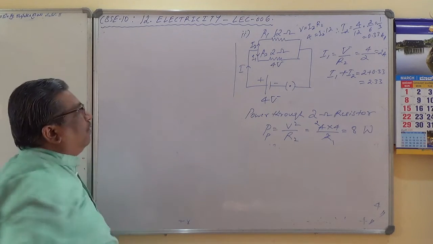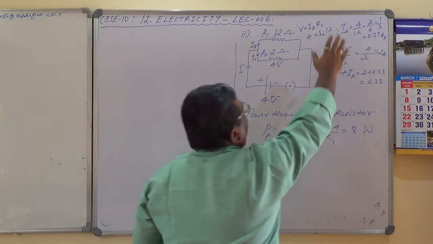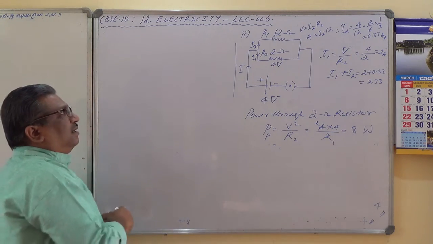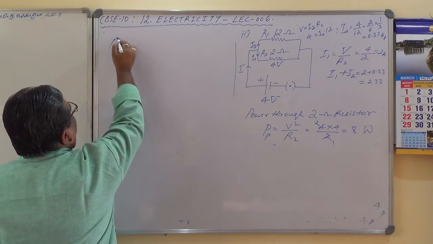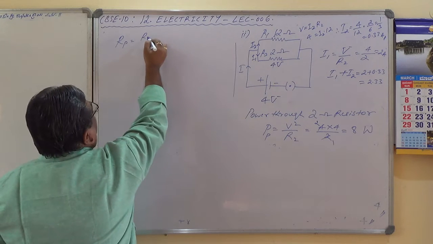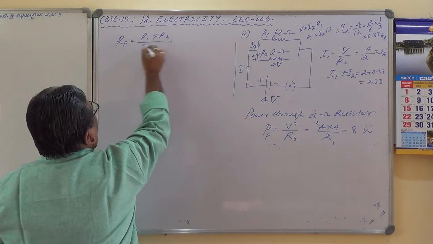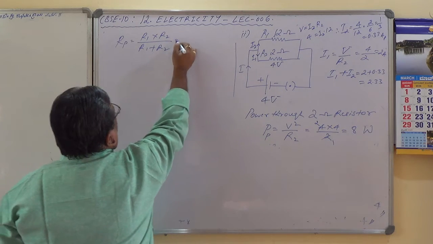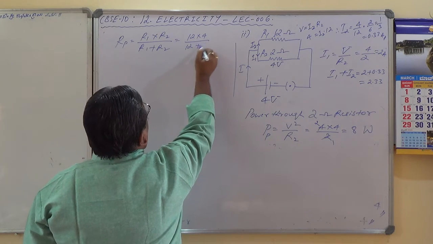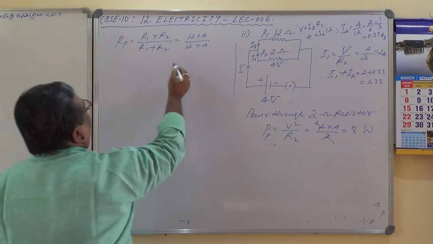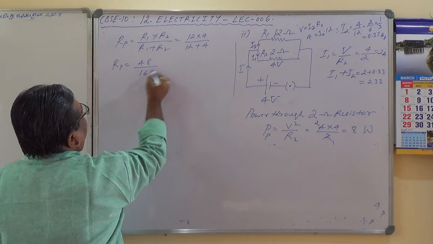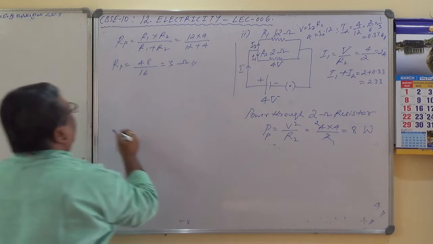My question here is, I want to calculate the current through this circuit by calculating I1 and I2 and adding these two, and also by directly combining the resistors in parallel combination. So Rp equals, when two resistors are connected, R1 into R2 divided by R1 plus R2. R1 into R2, 12 into 4 divided by 12 plus 4, which equals 48 divided by 16, which is 3 ohms.